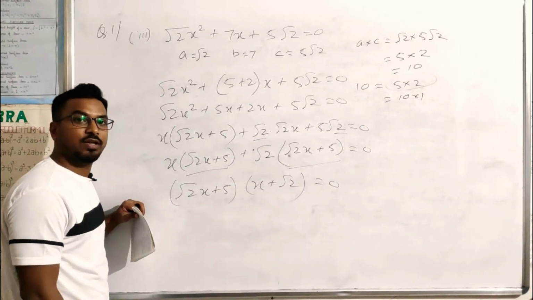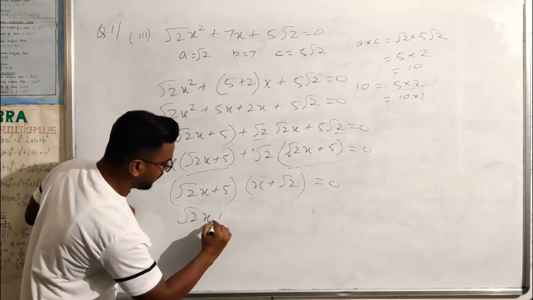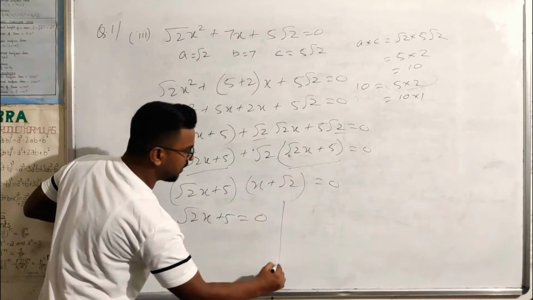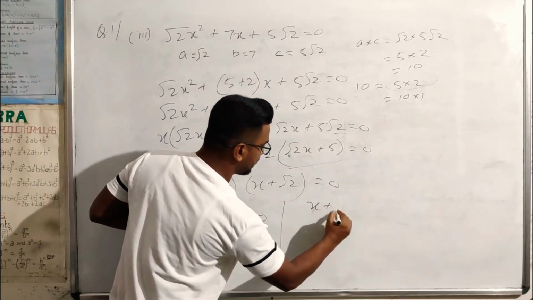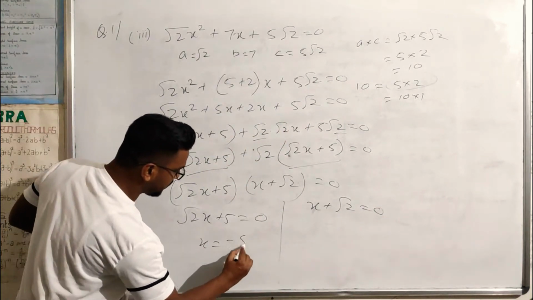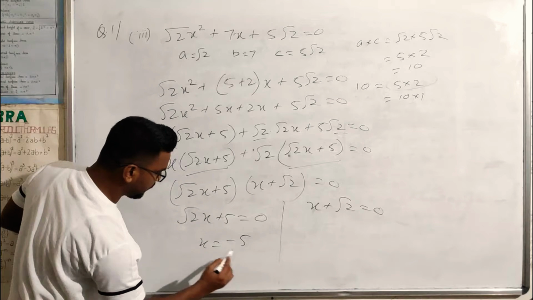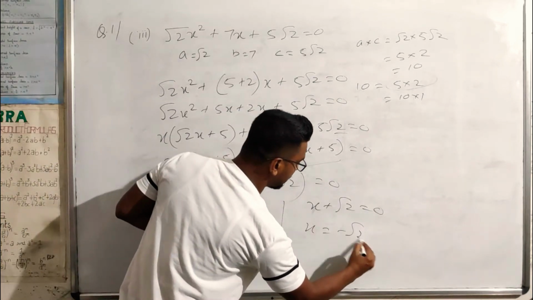So you have to find the roots, that is, the value of x. We'll compare each factor with 0. Root 2 x plus 5 equals 0, and also x plus root 2 equals 0. So this becomes x equals minus 5 by root 2, and this becomes x equals minus root 2.